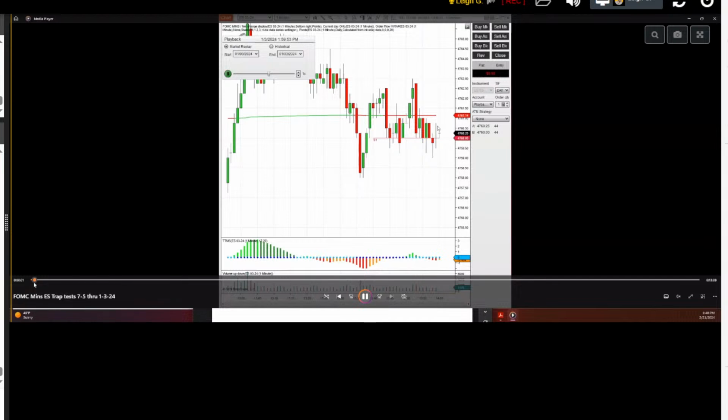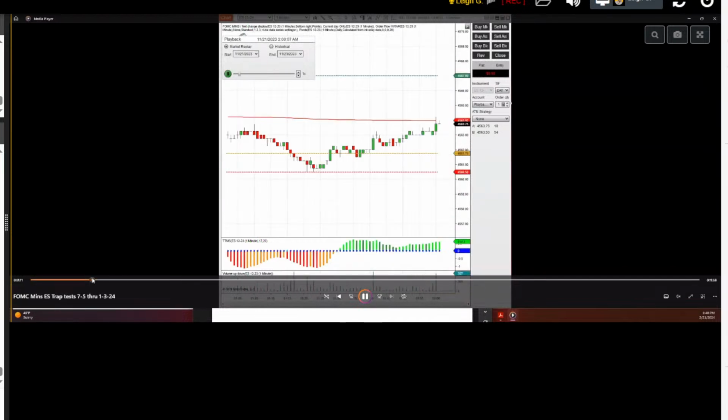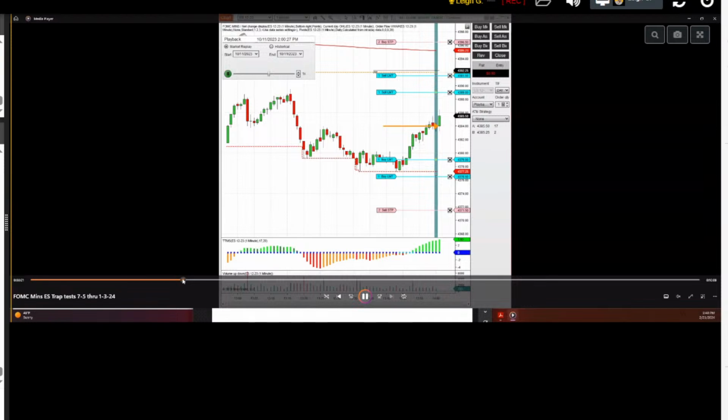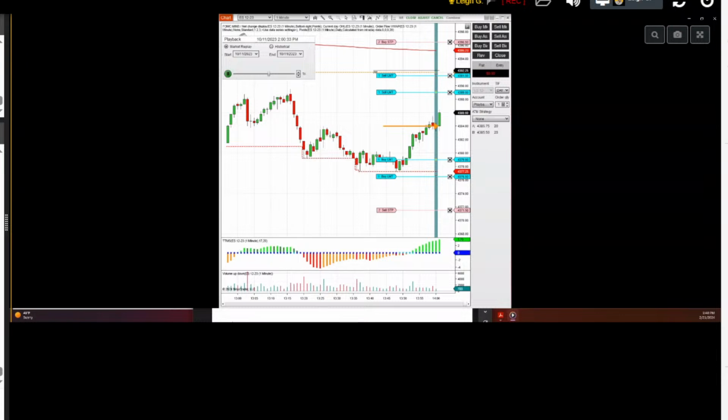Occasionally it works. A lot of times it doesn't. It just hasn't been good enough. Here's October, which on the DMM as a trap trade had an 18 tick burst. So 18 ticks, not exactly a very big burst.